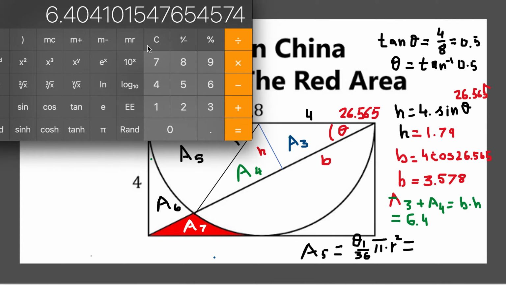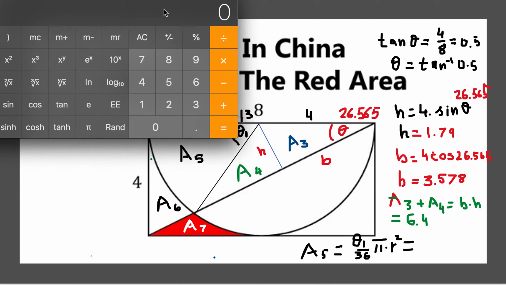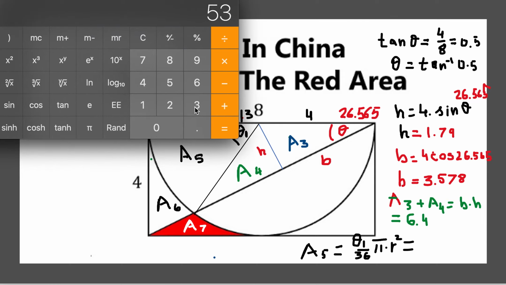But now theta 1 is 53.13, so 53.13 divided by 360, and we get this value here.